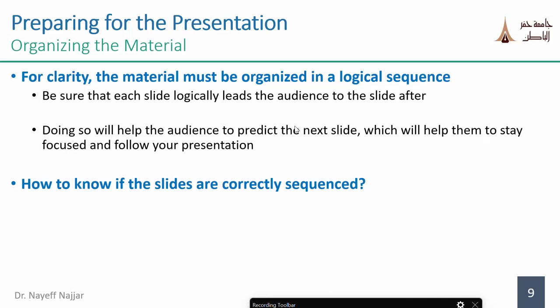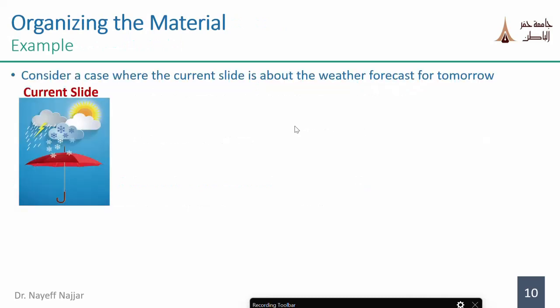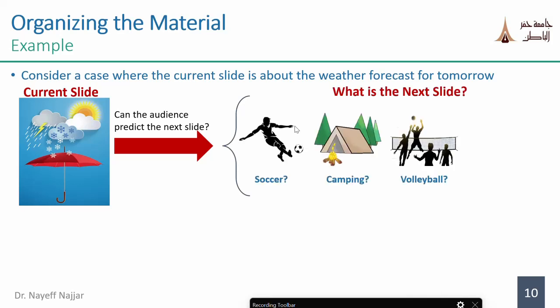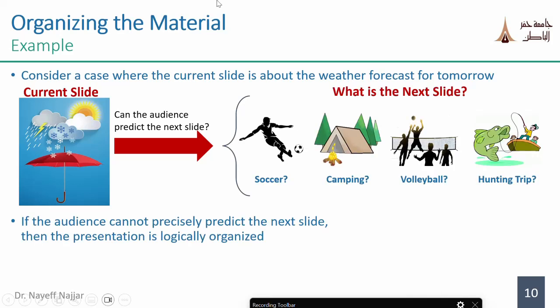Clarity is of the essence. The point of doing your presentation is to convey information, so it has to be very clear. And for the presentation to be very clear, it has to be well connected. Each time you are presenting a slide, the audience should have a chance to predict what the next slide is.